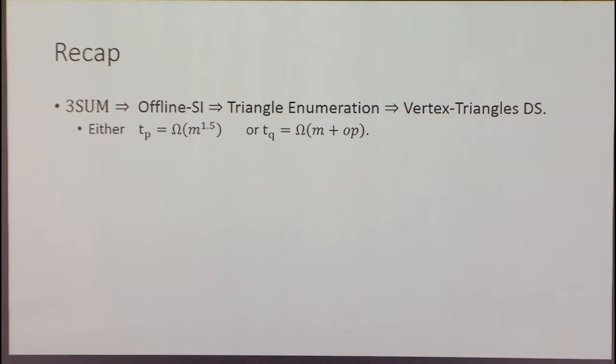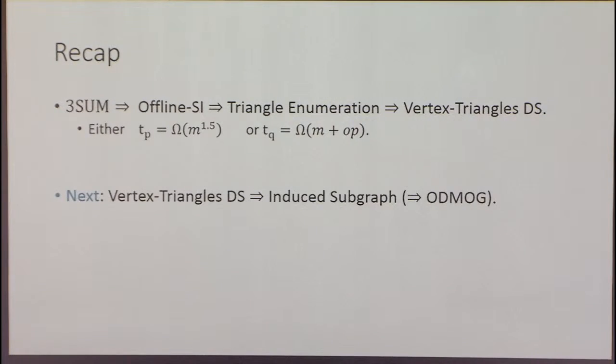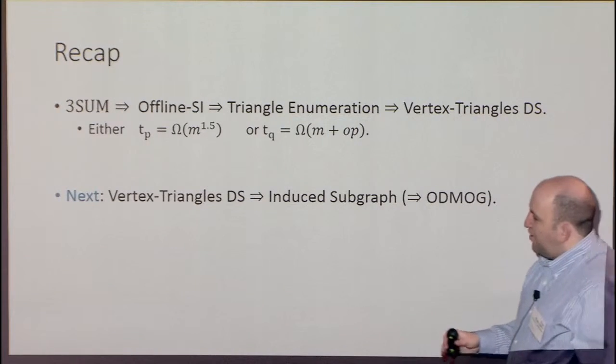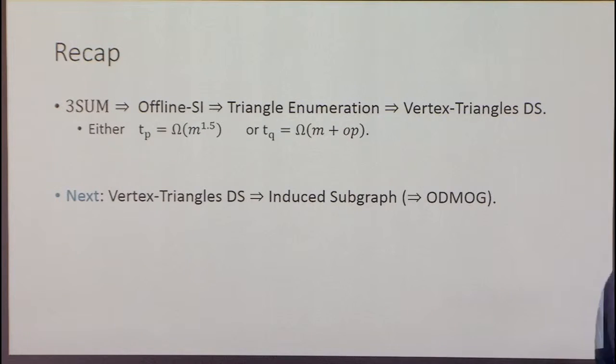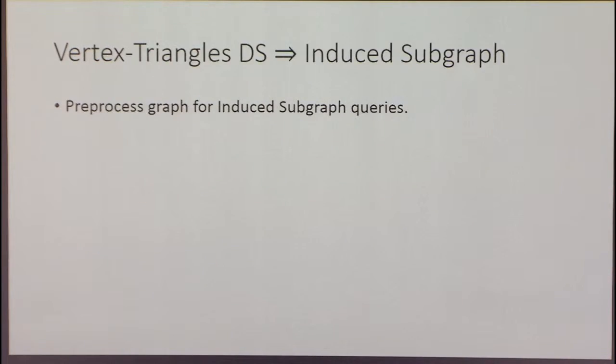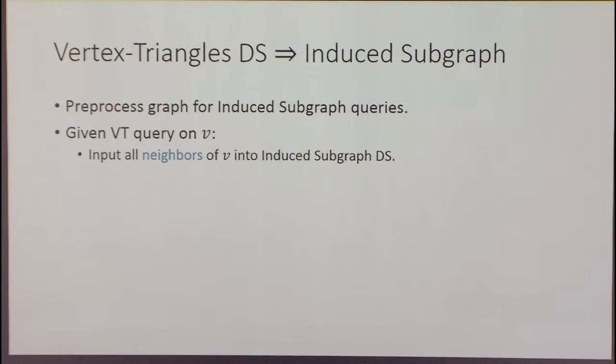What I'm going to show you next, and this connects us back to what we said before, is that a vertex triangle data structure reduces to induced subgraph, and then we can say something about induced subgraph and also ODMOG. So how do we do this? This is also not too difficult. We pre-process a graph for induced subgraph queries, and now we want to use this data structure to answer vertex triangle queries.